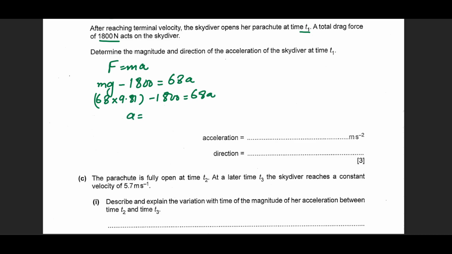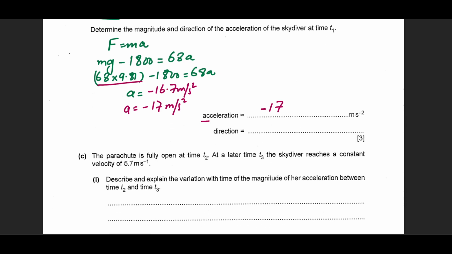Now this 1800 is much greater than that multiple, which is this one. So the answer comes out to be negative 16.7 meters per second square. So the acceleration comes down to negative 17 meters per second square. As it is acceleration, we'll have to mention the negative sign, which is going to be minus 17. And as for the direction, since the negative sign is acting opposite to the movement, it is deceleration.